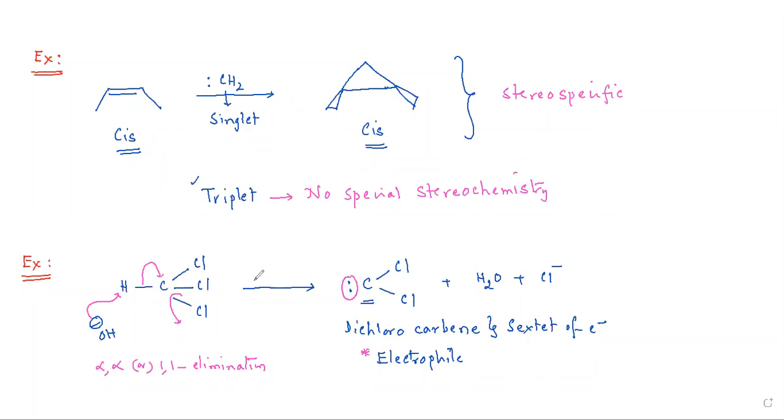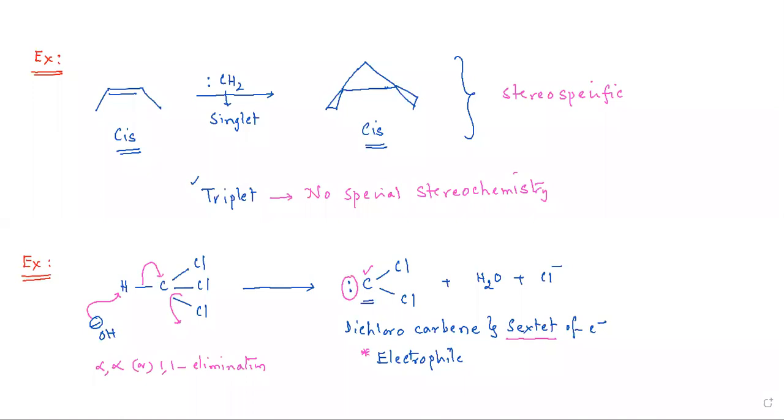No, it is not a nucleophile, it is an electrophile. Generally, when we see a pair of electrons at a particular atom, we consider it to be a nucleophile, or we feel as if it is ready to donate a pair of electrons. No, this is something which accepts a pair of electrons. Has to, because to get octet, it needs to accept a pair of electrons. So that is an electrophile.